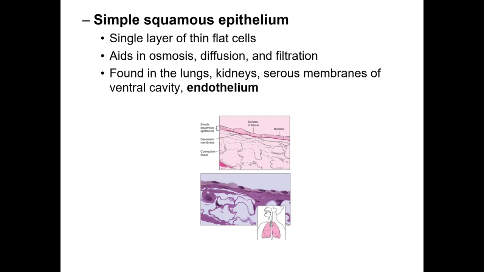This can be found in the air sacs or the alveoli of the lungs. It can be found in the glomerular capsule of kidneys, in the kidney tubules. It can be found in the heart and the blood vessels, in the serous membranes of the stomach, intestine, and some other viscera. It is also in the pleura, pericardium, peritoneum, and mesenteries.